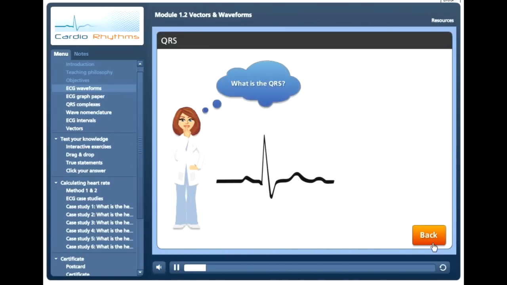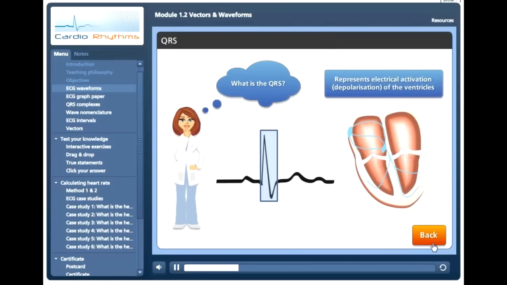The QRS complex represents electrical activation of the ventricles, also known as ventricular depolarization, which in turn leads to ventricular contraction, also known as systole. The QRS itself is composed of two or more separate waveforms, Q, R, and S, which may or may not all be present. We will be looking at QRS complexes in more detail later on in this presentation.